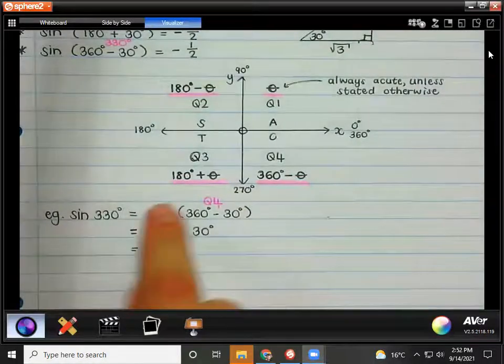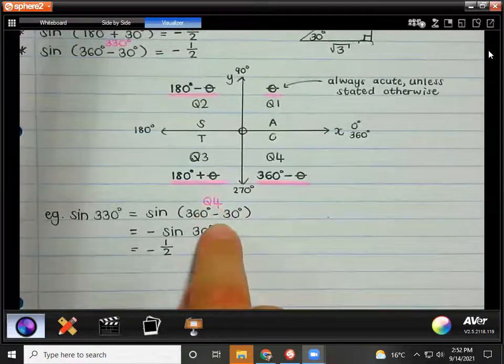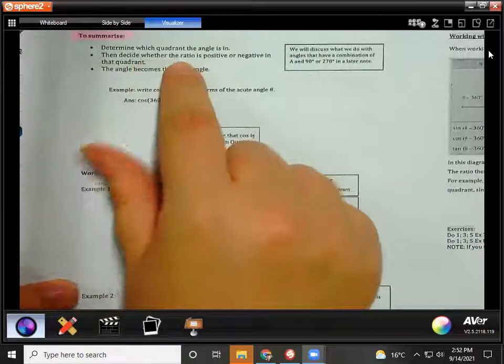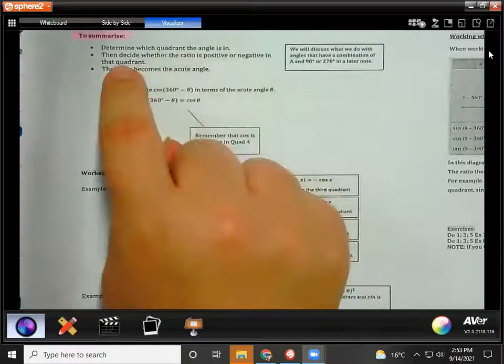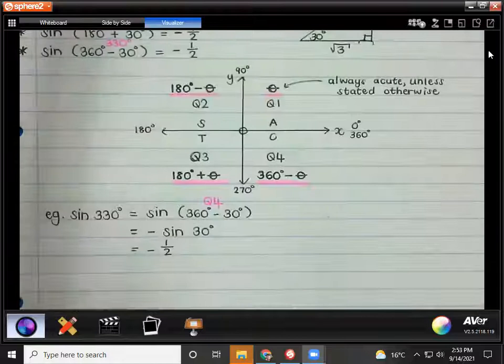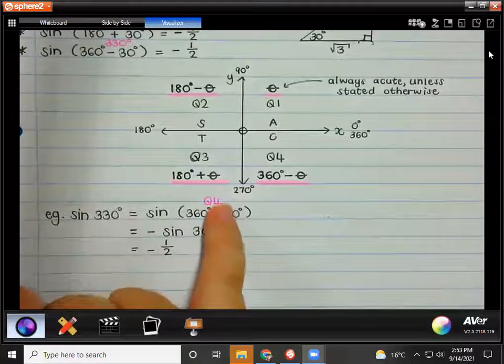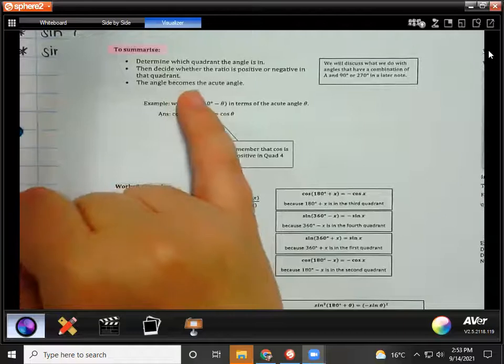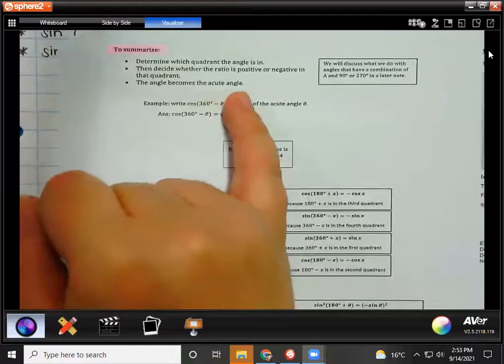Like I did here, guys, I wrote there, quadrant 4. That was my first step. I just identified which quadrant it's in. Then decide whether the ratio is positive or negative in that quadrant. So like I said here, sine in the fourth quadrant is negative. That's the second step. The angle then becomes the acute angle.